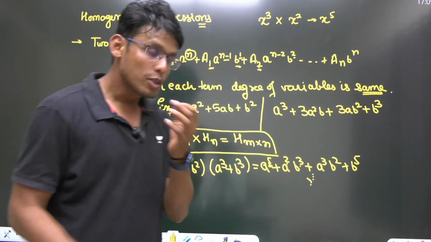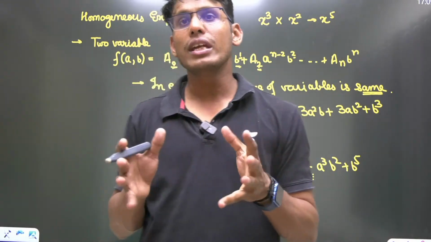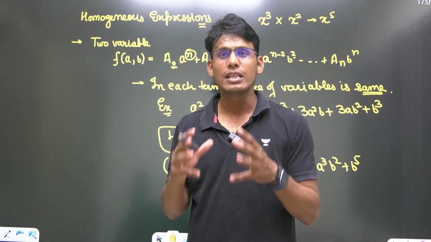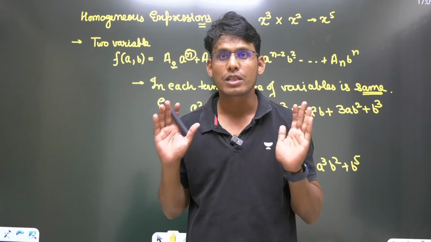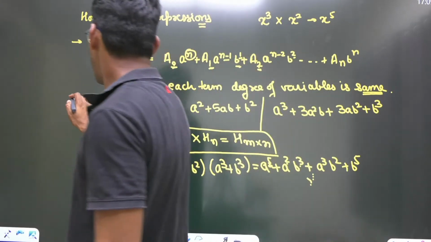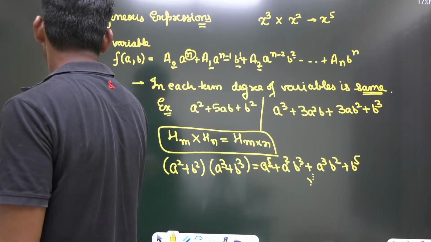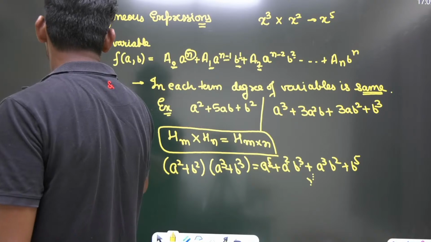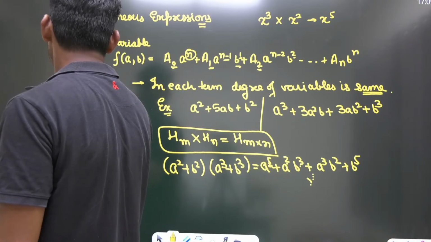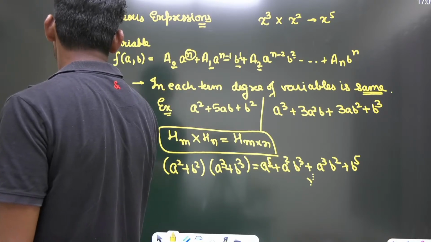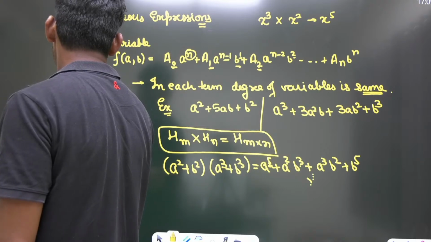Getting my point? So basically, when we study algebraic identities, it is the study of homogeneous expressions.